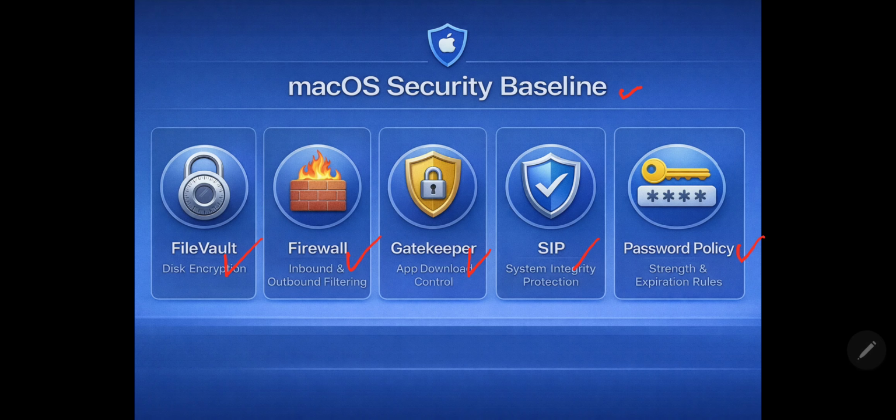What is the purpose of FileVault? The purpose is to encrypt the entire startup disk using strong encryption, and protect data if a Mac is lost or stolen. The data will be encrypted if the Mac is lost or stolen.